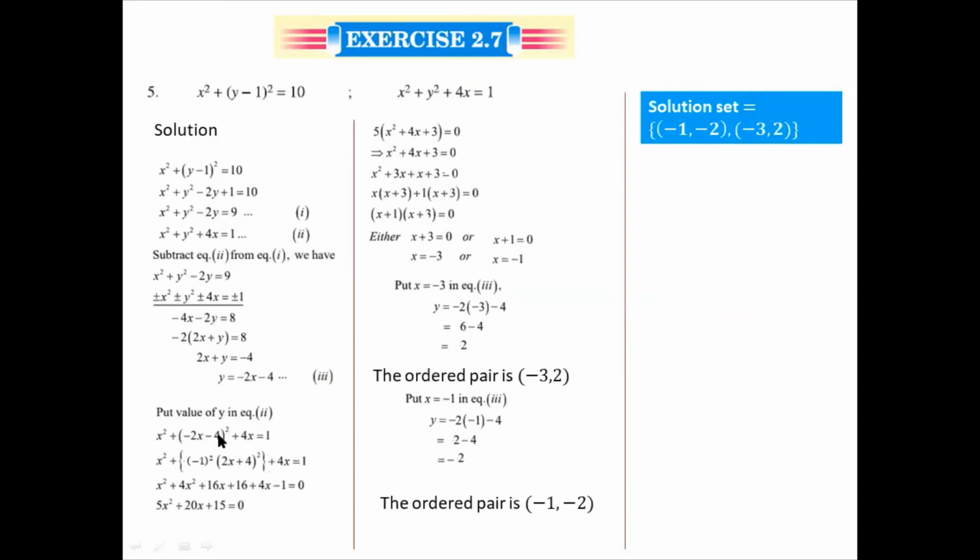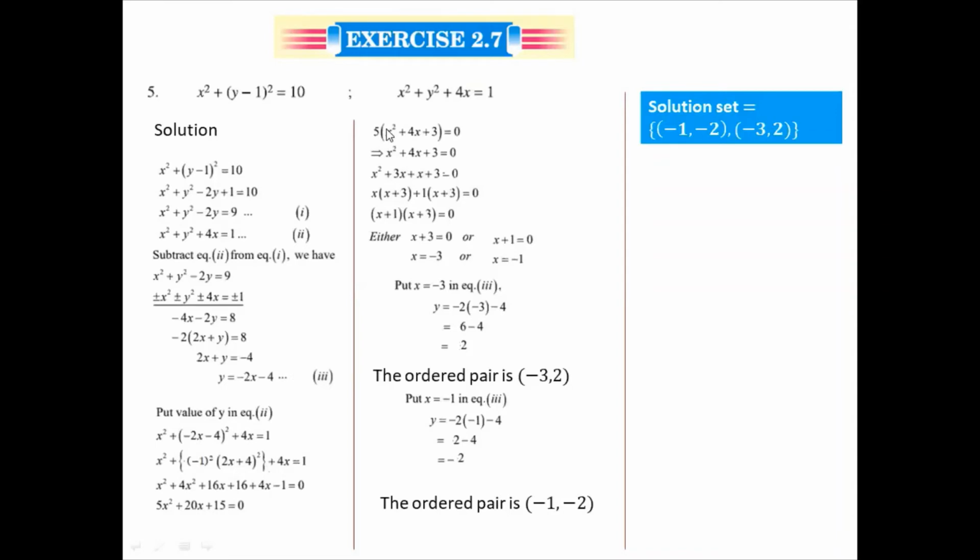Here we can take minus 1 as common, so we also have to take the square. Minus 1 square is always positive 1. So here we have to use the formula a plus b whole square. After opening the square and simplification, we have 5x square plus 20x plus 15 is equal to 0.